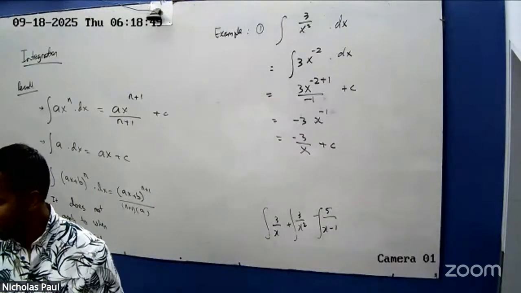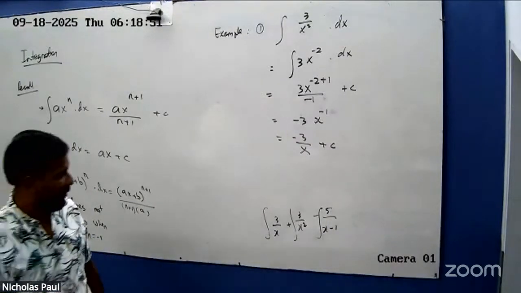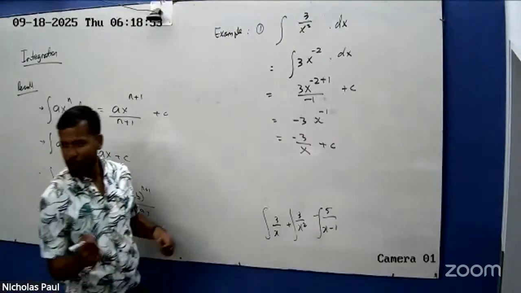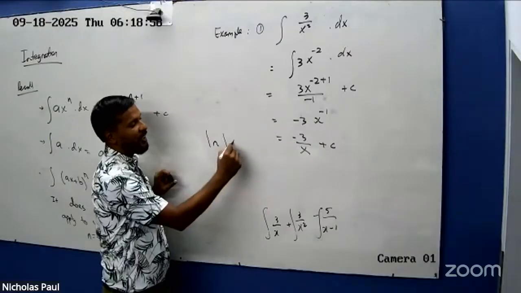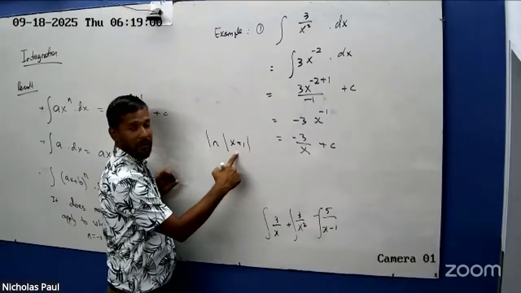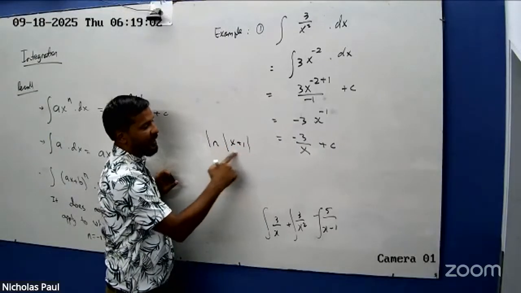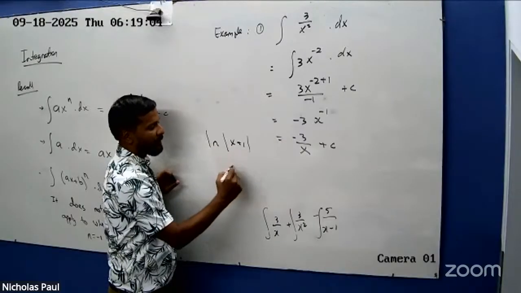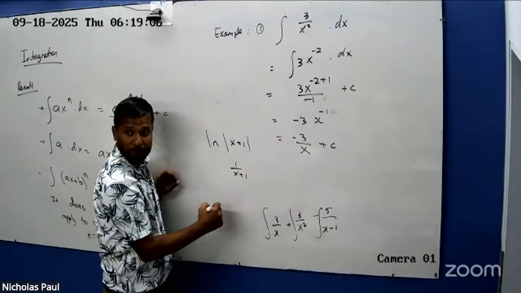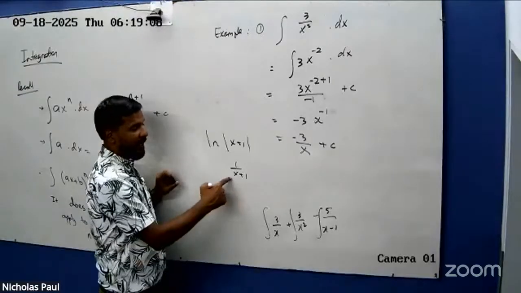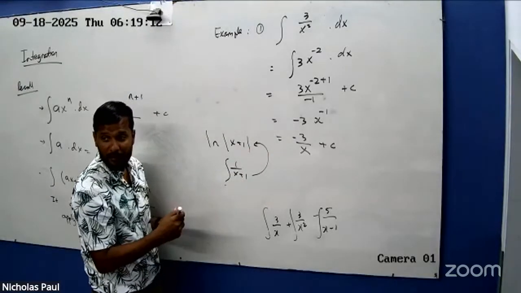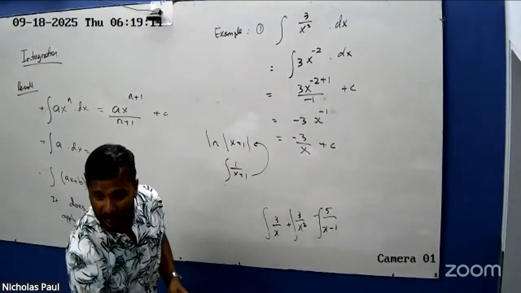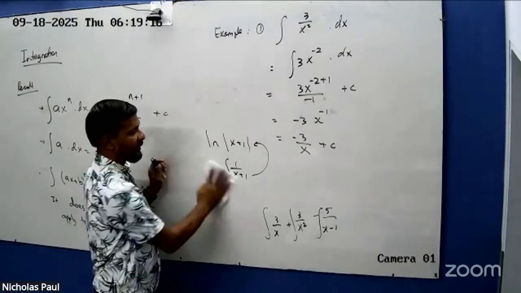Remember that? What's the differential of ln x plus 1? The differential of ln x plus 1 is 1 over x plus 1. Okay? So therefore, the integral of this is this. All right? So we're going to just focus on how to integrate functions like this.